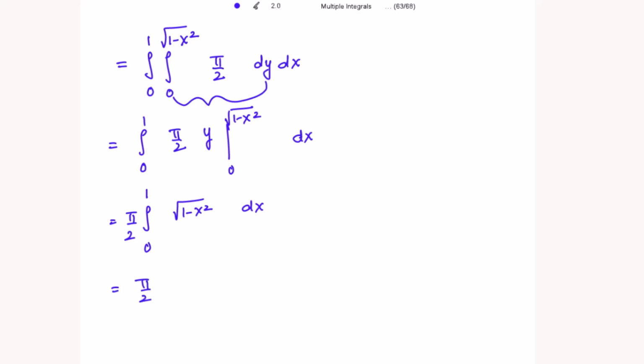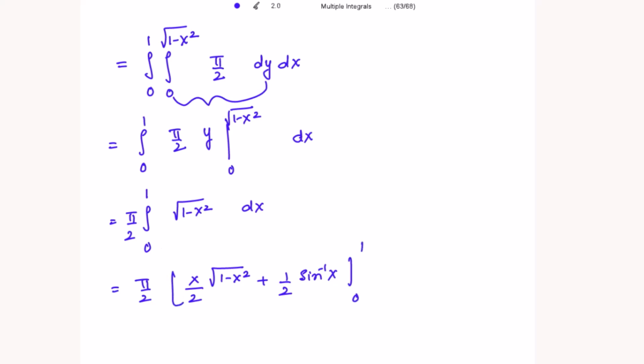Now the integration for square root of 1 minus x square is, we all know that using the result, x by 2 square root of 1 minus x square plus 1 by 2 sine inverse x.